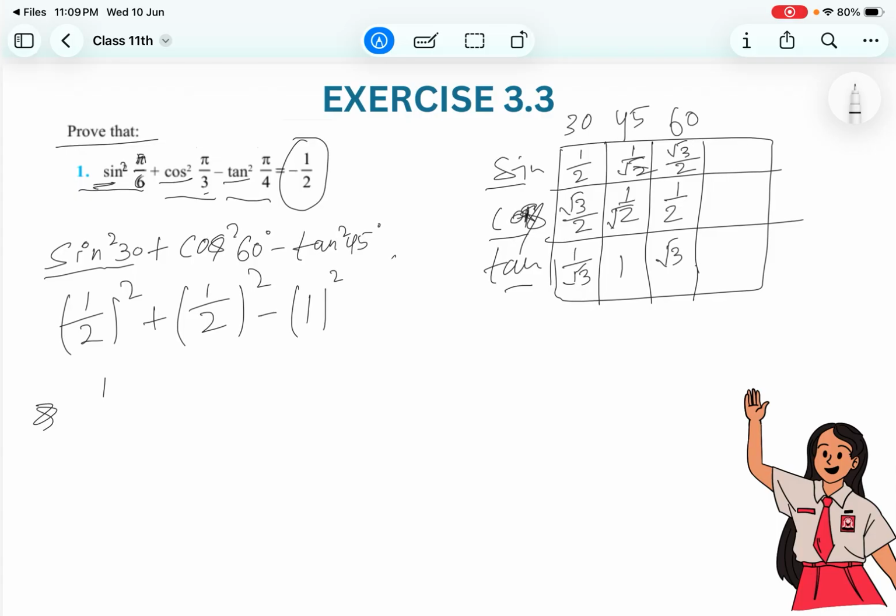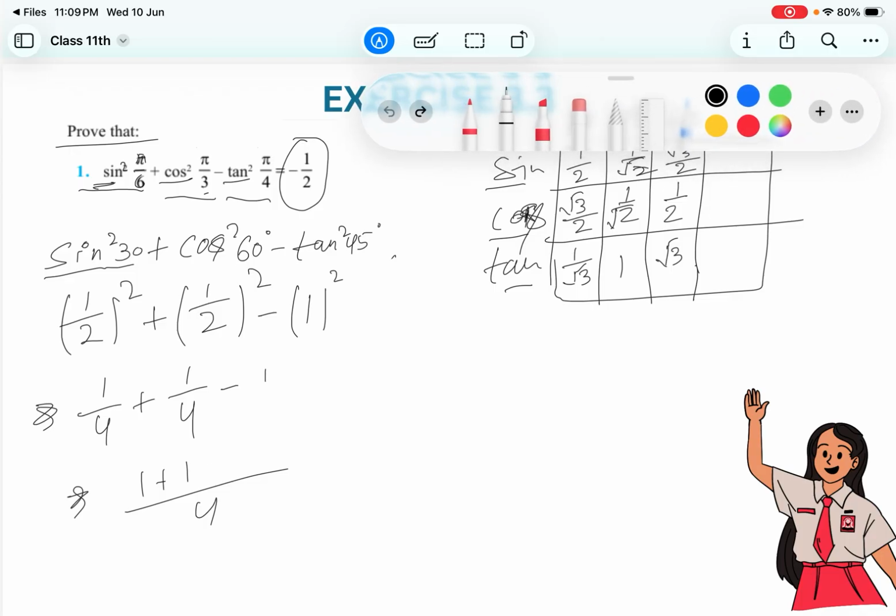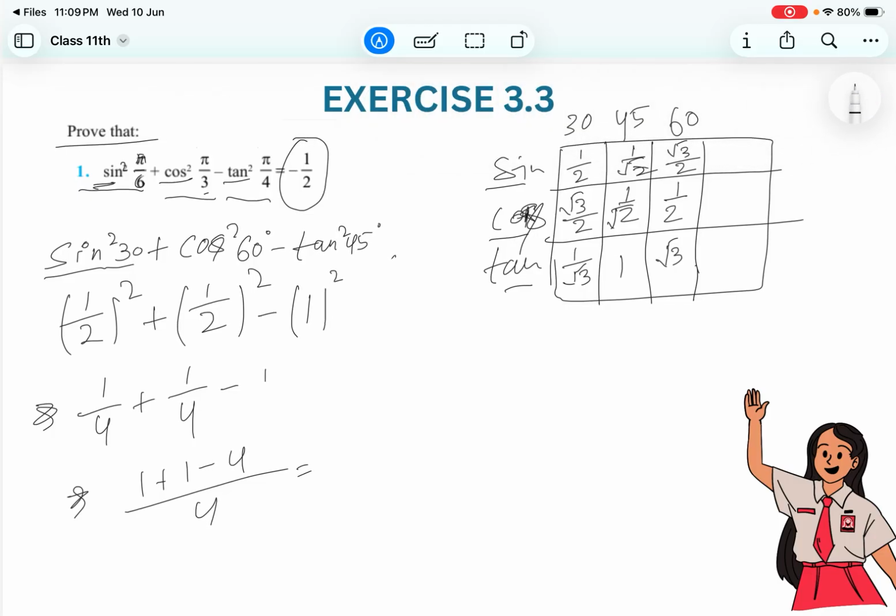Now 1 times 1 is 1, 2 times 2 is 4, plus 1 times 1 is 1, 2 times 2 is 4, minus 1. So it will be 1 plus 1 minus 4 over 4, that is minus 2 by 4, that is equal to minus 1 by 2, right? So hence proved.